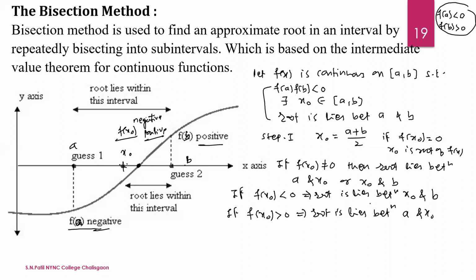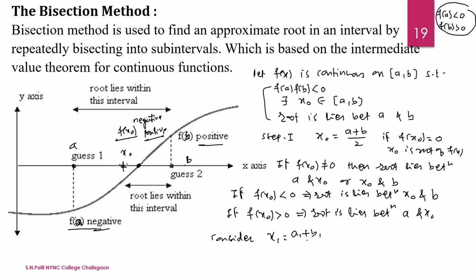Now the second step, we make it generalized. Now consider x1, the next iteration, and instead of A and B we consider a1 and b1. The root lies between a1 and b1.